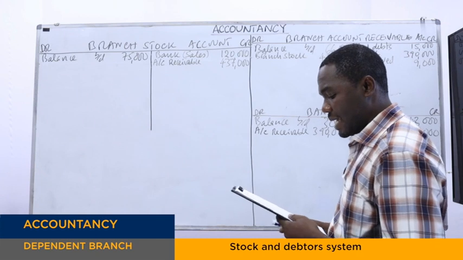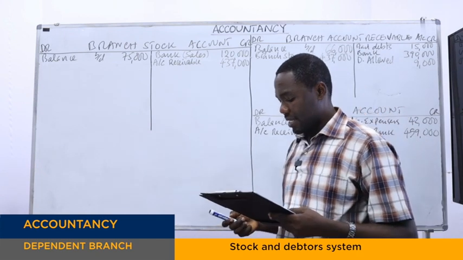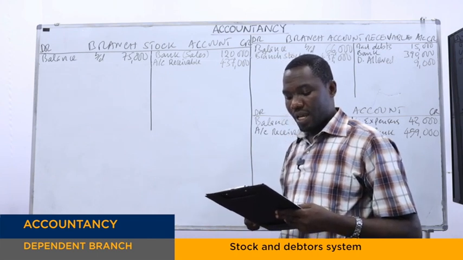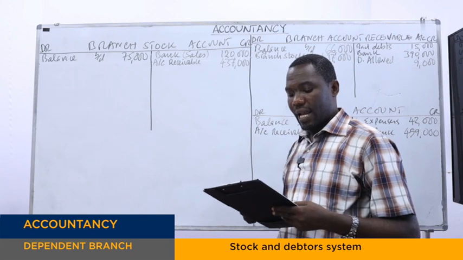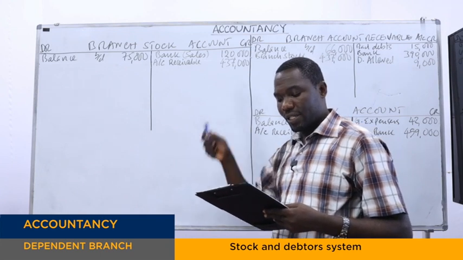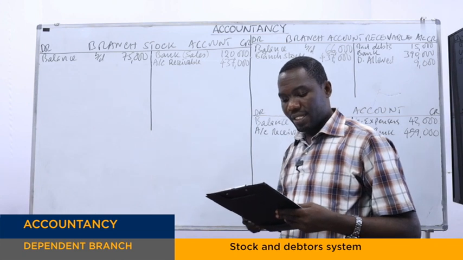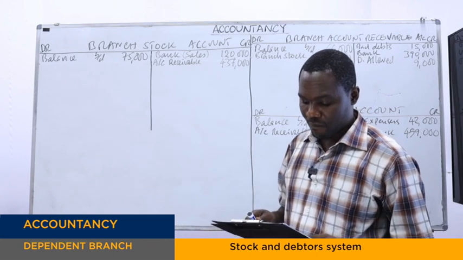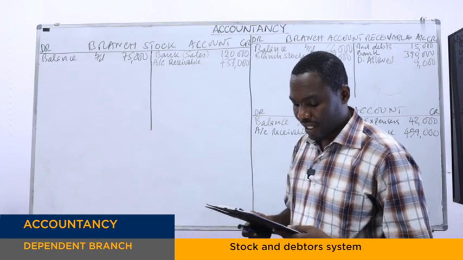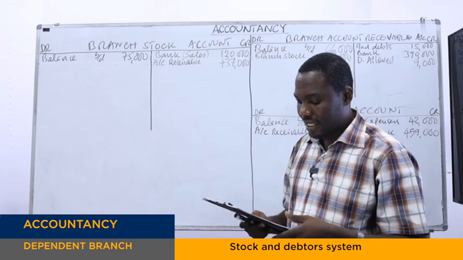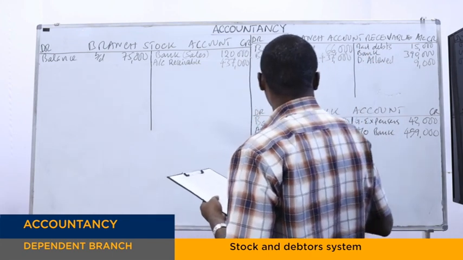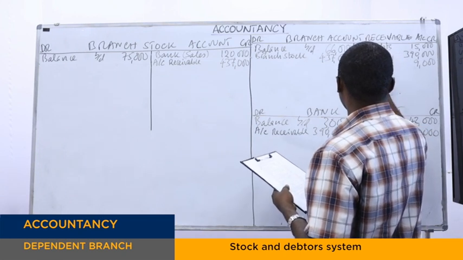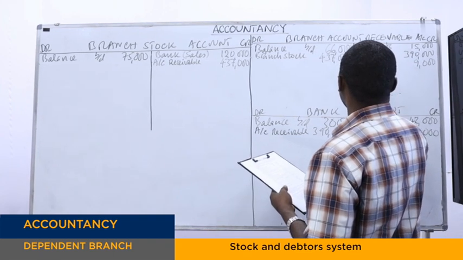Next, it was goods returned by credit customers. So when customers return goods, normally we are not told that they return directly to the head office. And this is definitely a return from customer to the branch. If it is a return from customer to the branch, then we reduce the balance of customer here, to branch stock, not to goods sent.